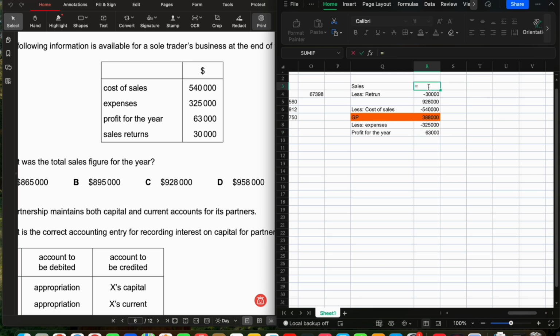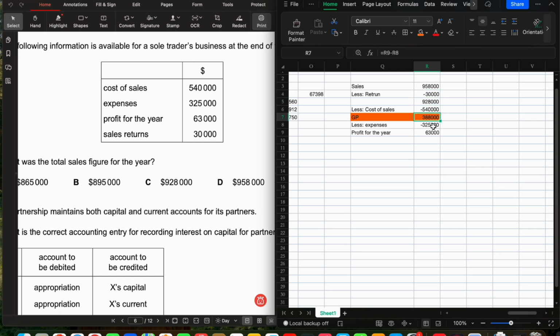So sales amount was net sales, and to that we add the return, which is 30,000. So my total sales for the year is 958,000. When we subtract sales return, I'll get net sales. When we subtract cost of sales, I'll get gross profit.